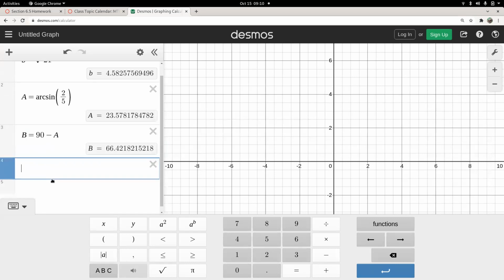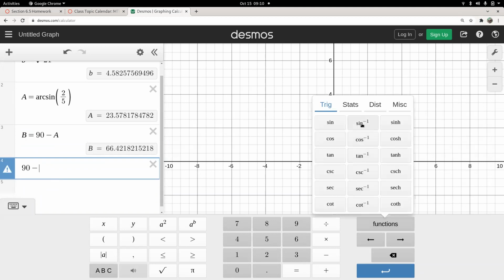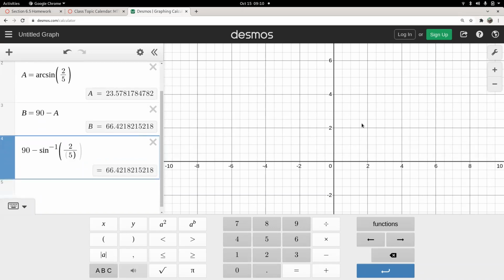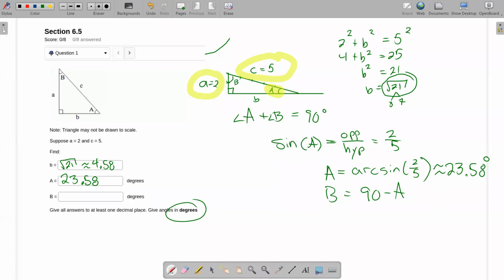If you didn't do that, then you would have to type 90 minus the arcsine, or maybe you prefer to go function sine inverse 2/5. Oops. And notice I get the same answer either way, 66.42. Which again, that seems reasonable in my picture. So this one right here, 66.42 degrees. And again, write this down, show your work, because on your exam, you're going to need to show work.